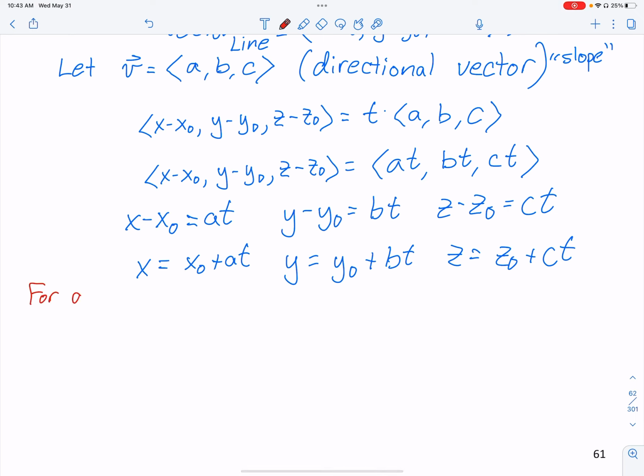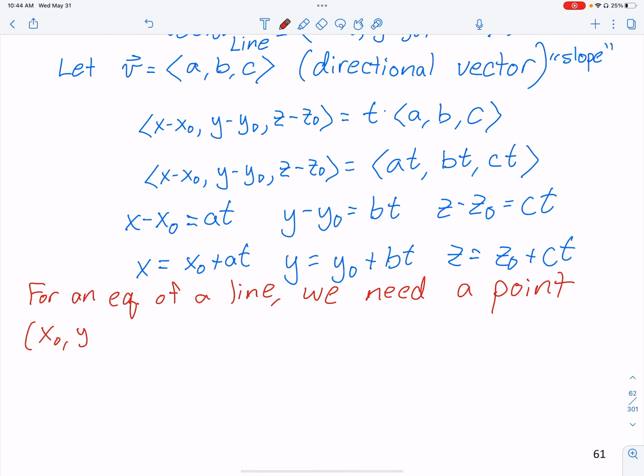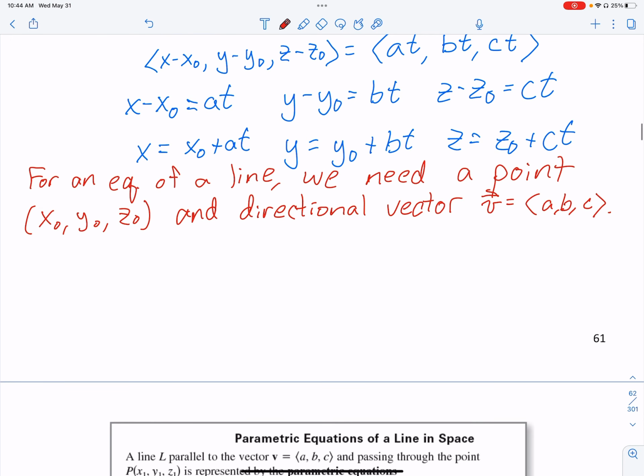For an equation of a line, we need a point, x naught, y naught, z naught, and our slope or directional vector, v, and that is ABC. So as long as I have those two things, I can write the equation of a line.